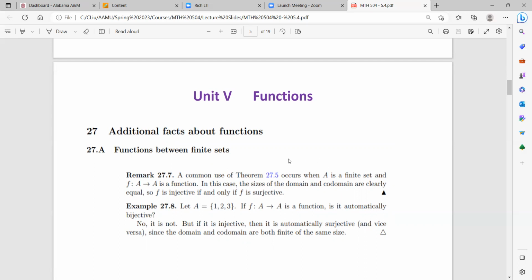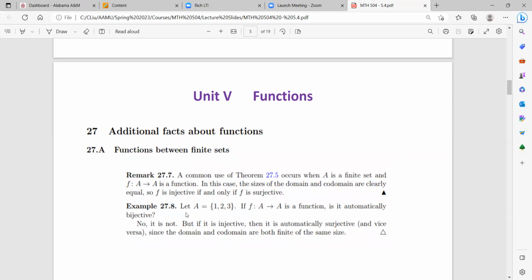So that's the theorem. If you let f be a function from A to itself, obviously the size of the domain and codomain are the same, then you can use that theorem. So f is injective if and only if f is surjective.